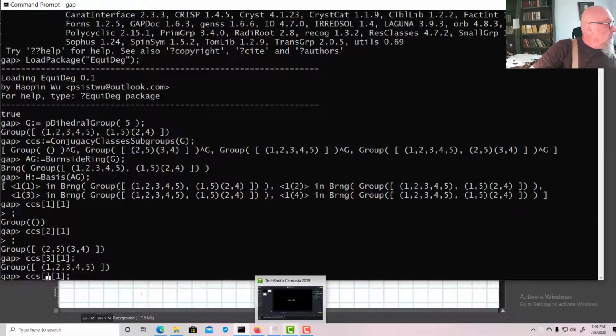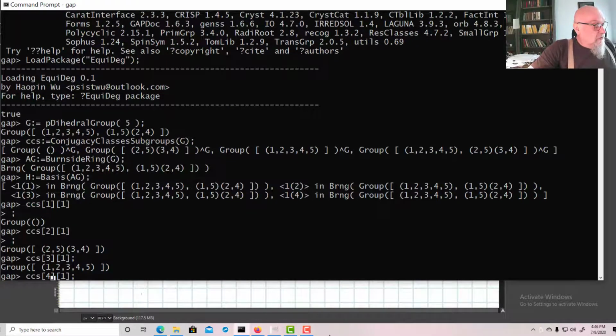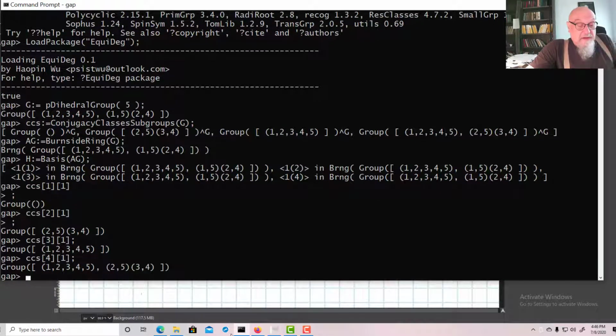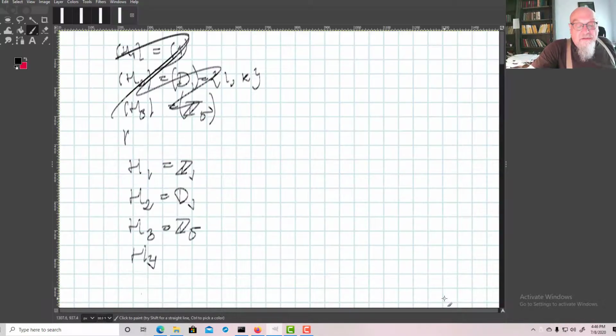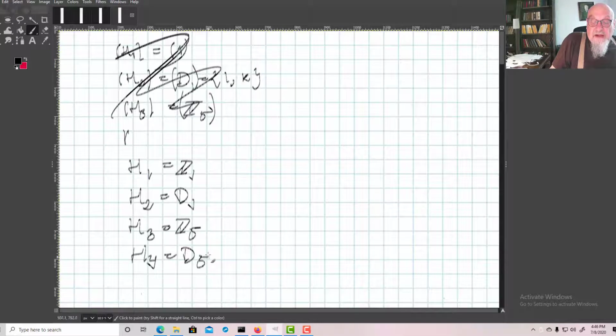What do I get? We have gamma and we have kappa. So what is the group generated by gamma and kappa? It's the group generated by all rotations and all reflections. So this is D5. So that means the last one is D5. So you can see that's it. There are four conjugacy classes here.